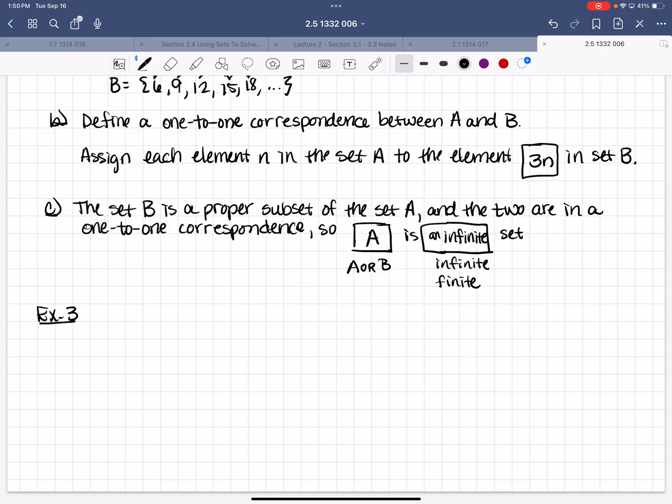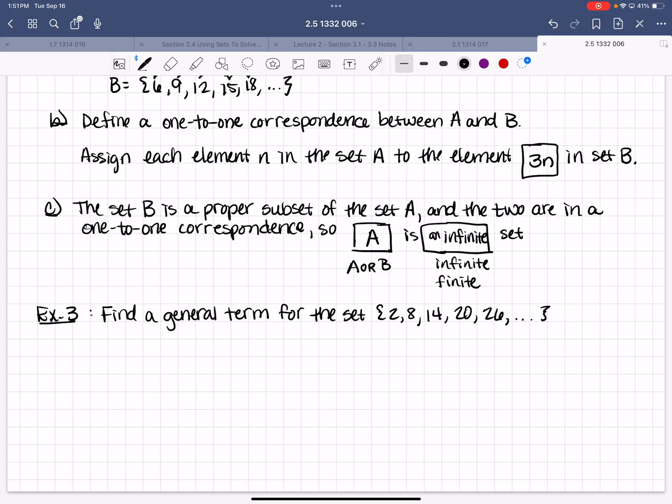Example 3 says find a general term for the set 2, 8, 14, 20, and 26. And then we have our ellipses.